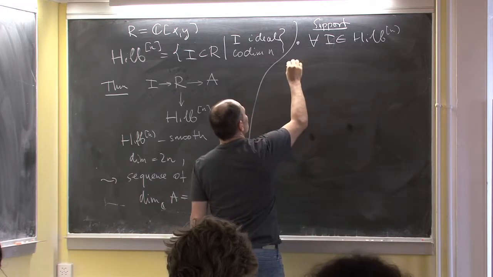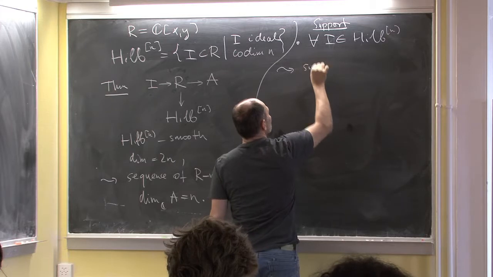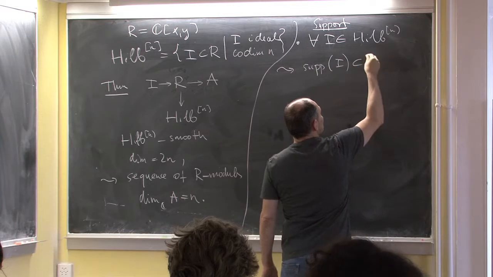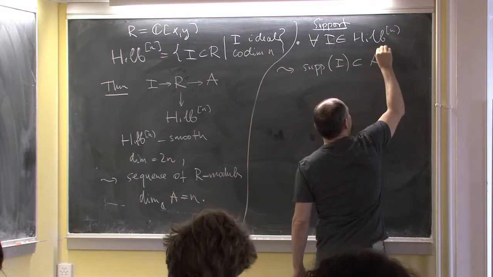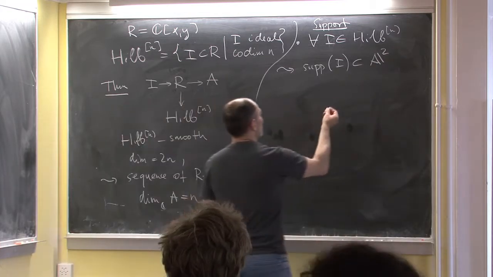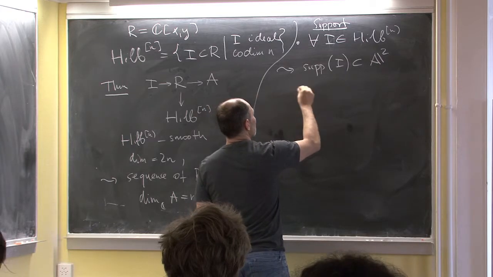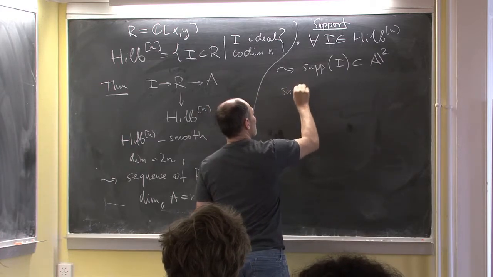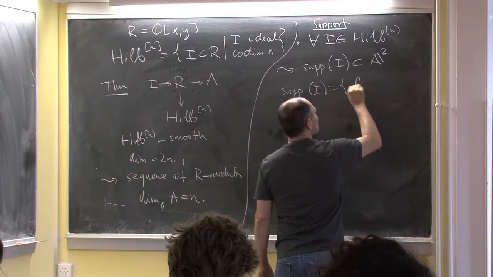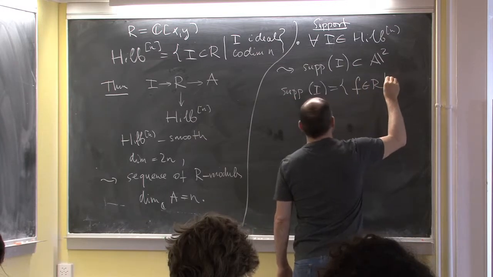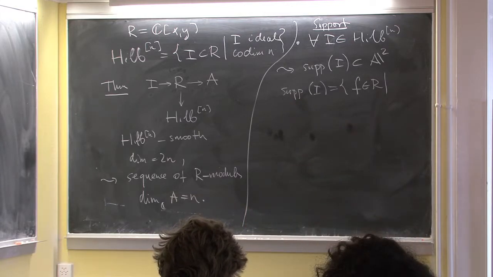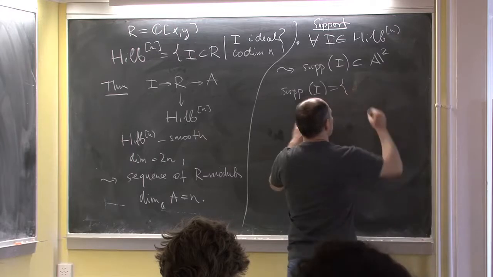We can define the support of I, which will be a finite set in A2. And this finite set is simply the points in A2 where the functions vanish.